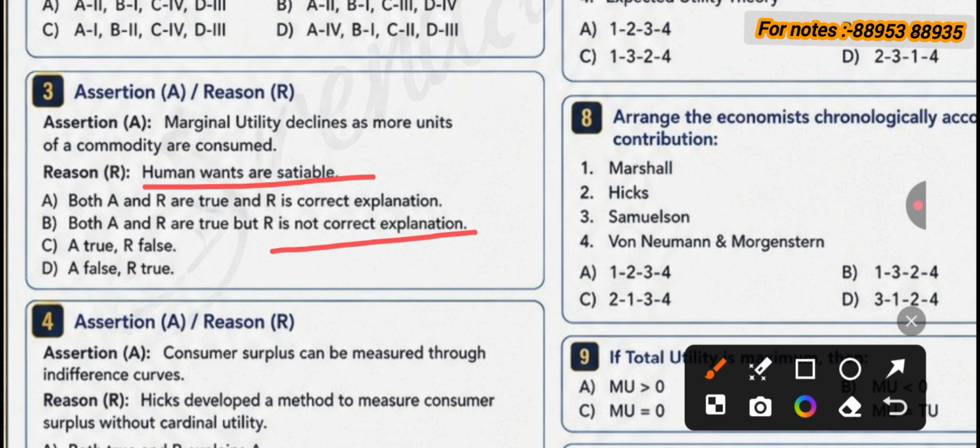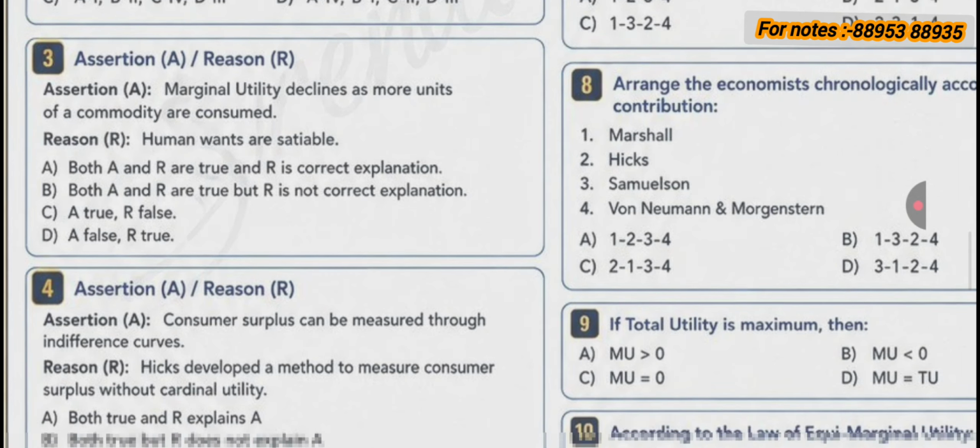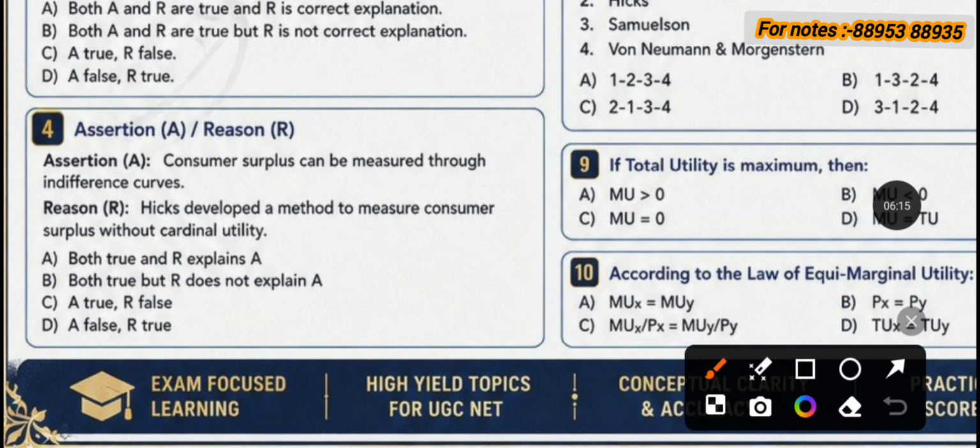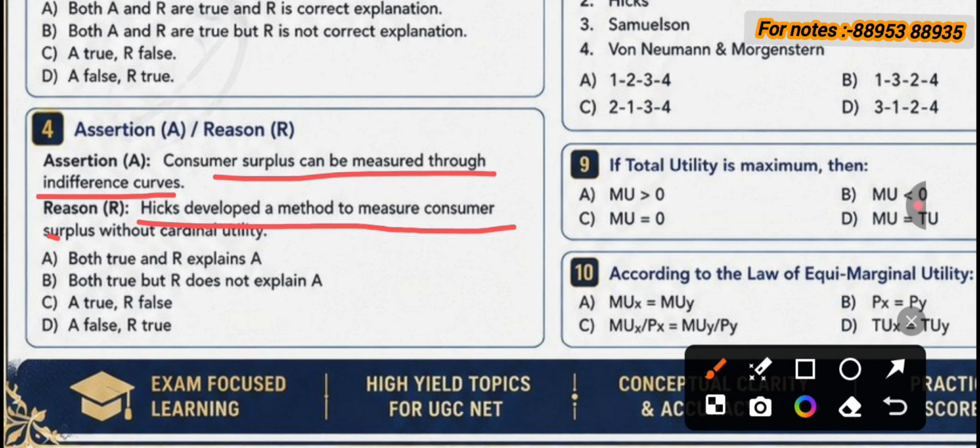Now move to the next question, which is another assertion and reason. The assertion says consumer surplus can be measured through indifference curve, and the reason is that Hicks developed a method to measure consumer surplus without cardinal utility.